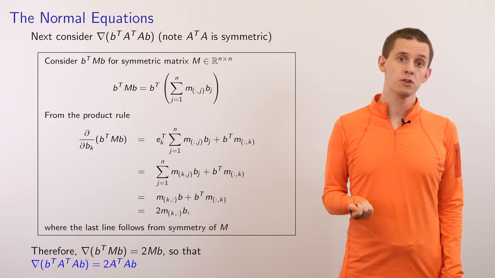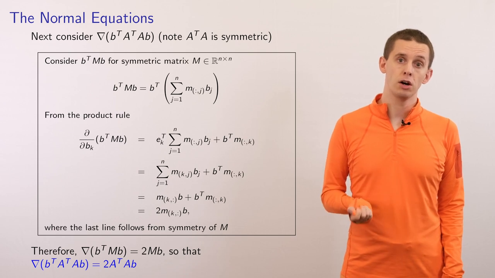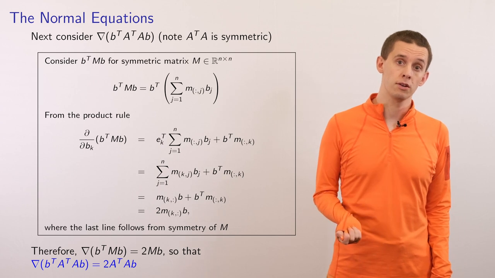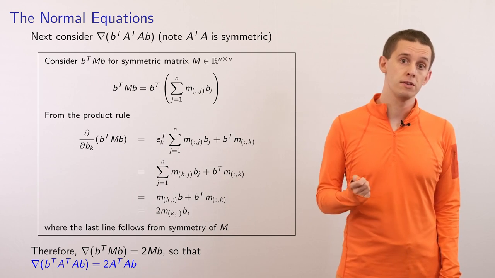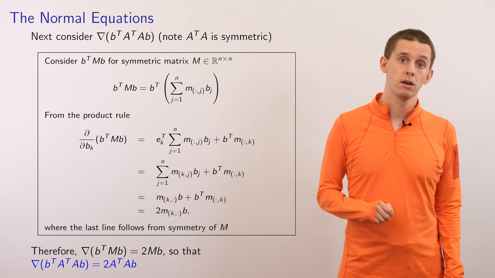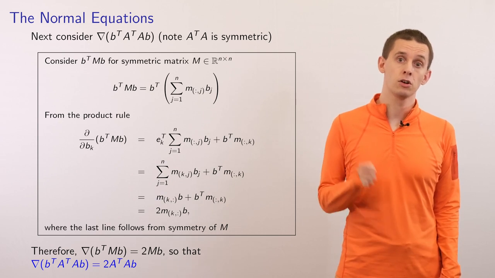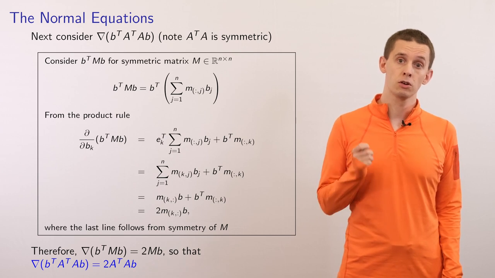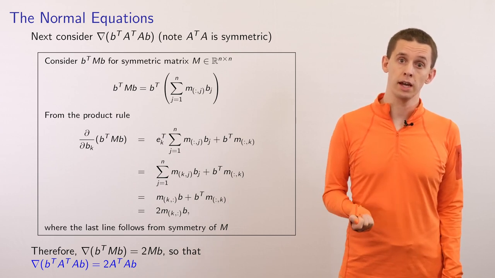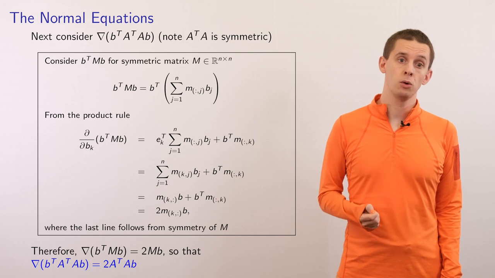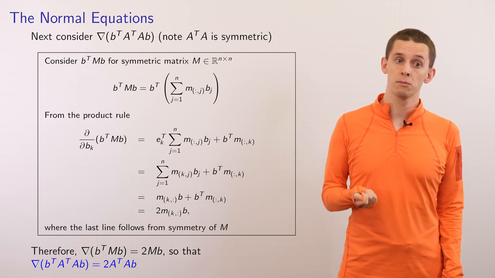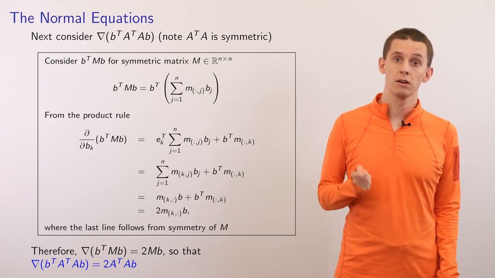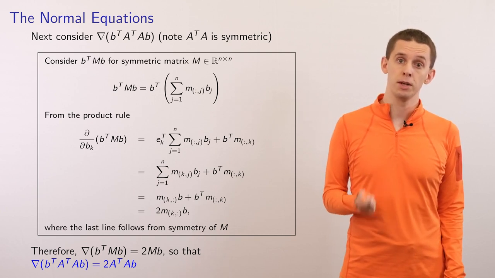So now let's look at the action of our unit vector e_k multiplied into the sum. What will happen is that the unit vector, when multiplied against a column of M, will just pick out the contributions in the kth row. And so we can rewrite this as the sum from j equals 1 to n of M_kj multiplied by b_j.